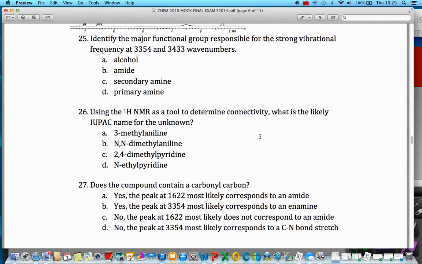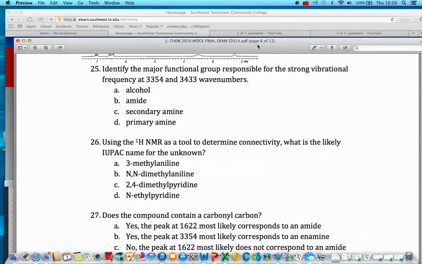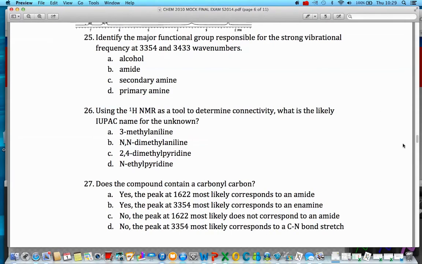Now, we know that we have a primary amine. Let's actually draw the structures of these compounds, because 26 becomes a nomenclature problem by default.